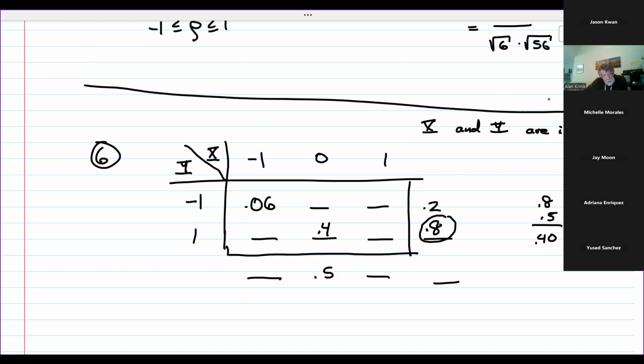Can you see how to get one of the next entries from this? Well, yeah, I mean, 0.5 has to be this plus this. So this has to be 0.1, right? Because this plus this is how you find the marginals. But this plus this, whatever this is, must add up to 0.2. So far, let me make sure I did it right.